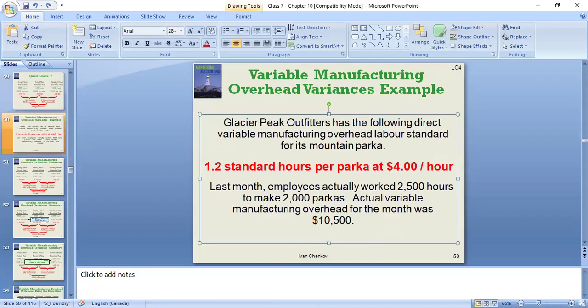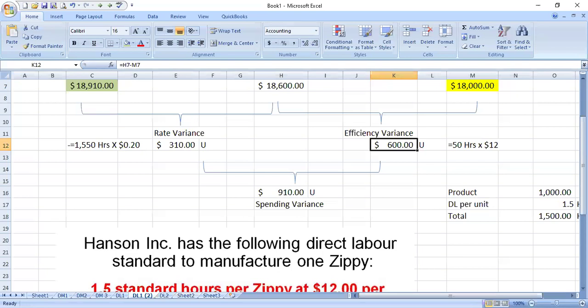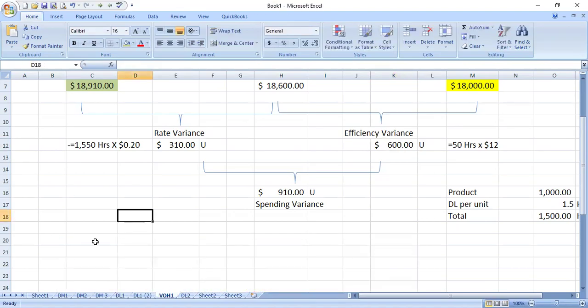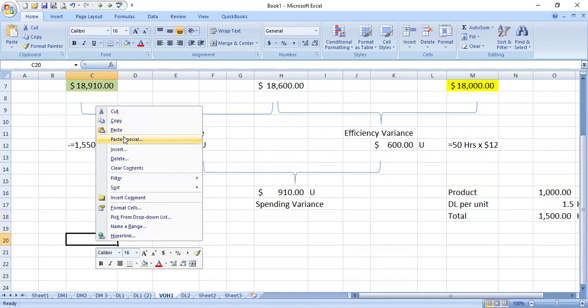For the variable overhead, again, we're going to go back to the Excel spreadsheet. I have to do some modification now, not too many. Let's delete this information and put in the new one.